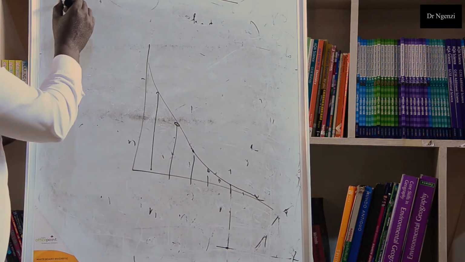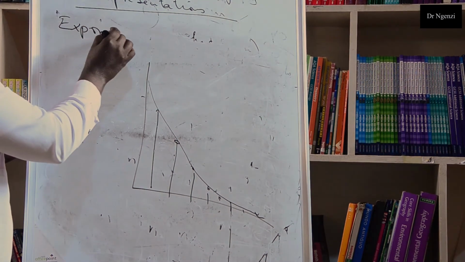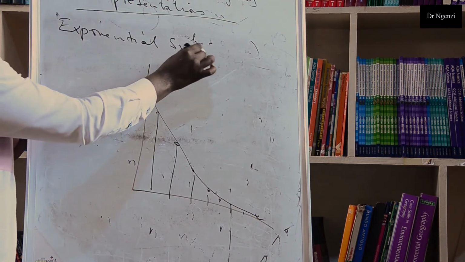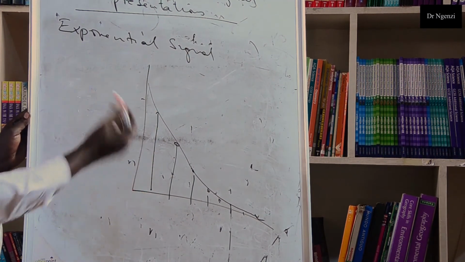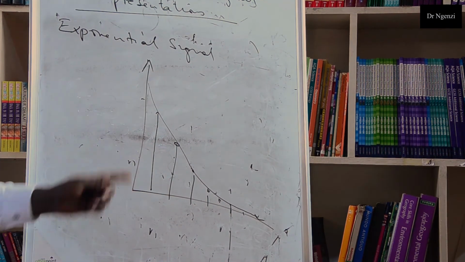So it is an exponential signal, which can be presented in this way. You have your xy axis and the value.